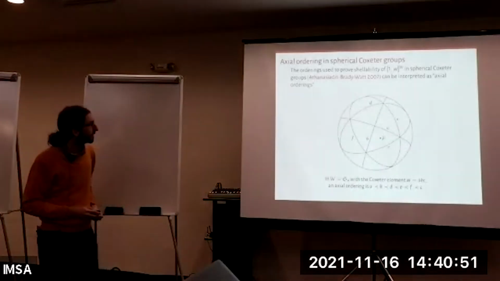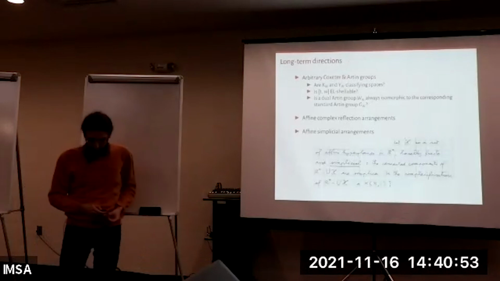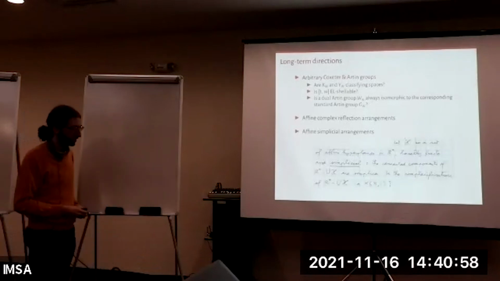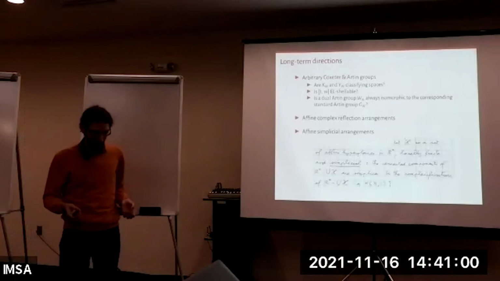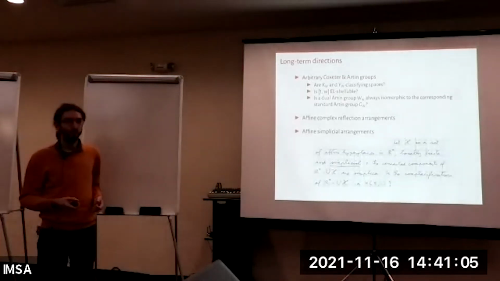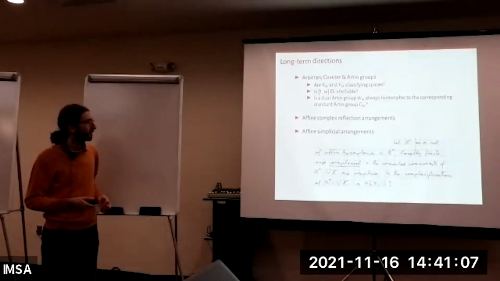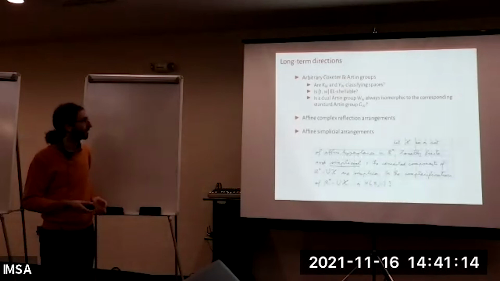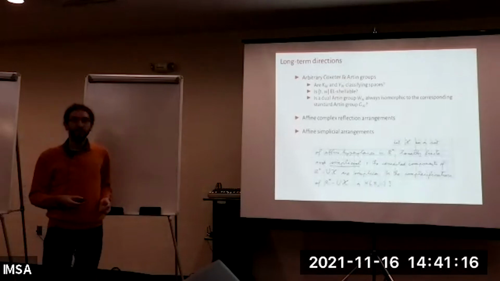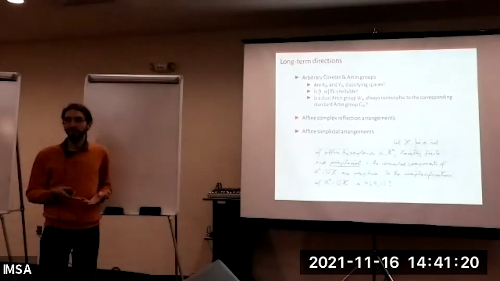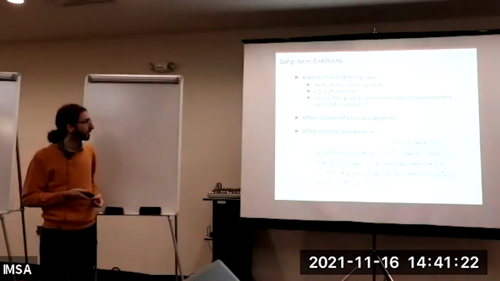Very well. So, what happens now? What I described to you with a little bit of detail, but not too much, is a 3-step procedure that we employed to prove the K(π,1) conjecture. And most of our proof is very specific to the affine case.